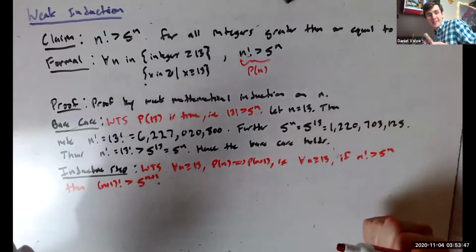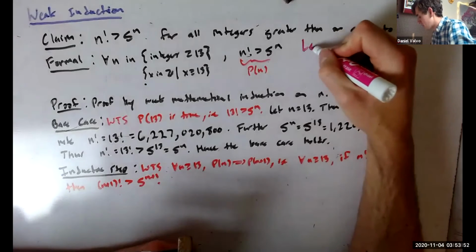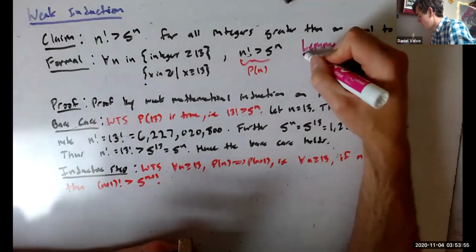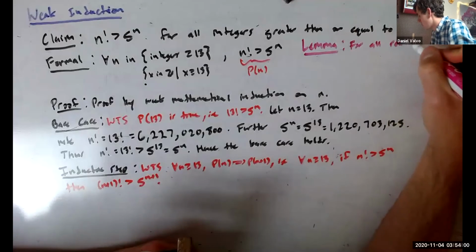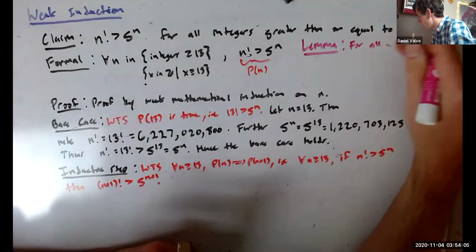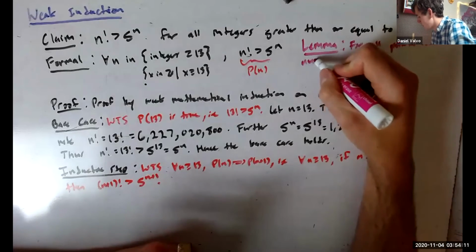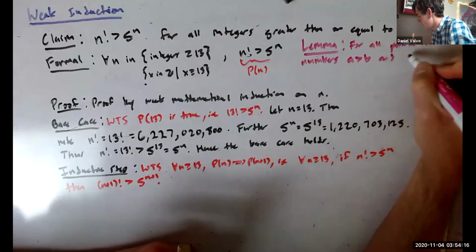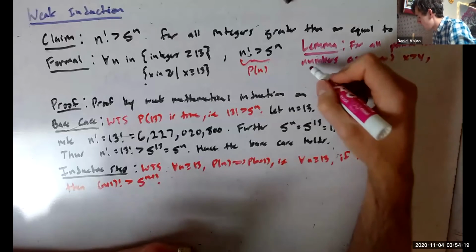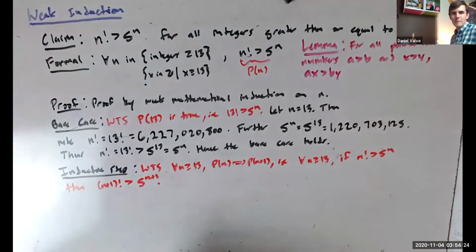And I just remembered that I meant to give you guys a lemma to help do this. We can do it without it, but it'll help. And the lemma says, for all positive real numbers, if A is greater than B and X is greater than Y, then AX is greater than BY.